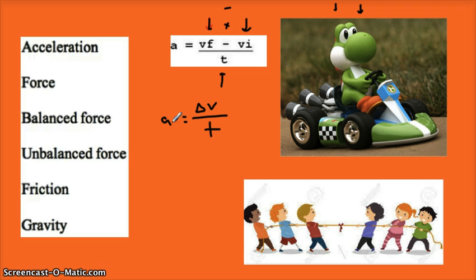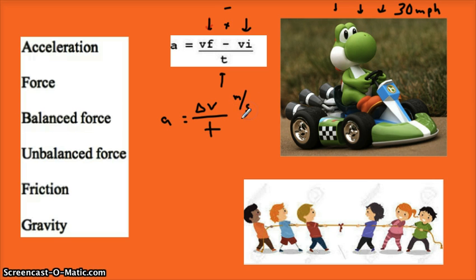So for a change of velocity, if you were to have miles per hour, I was tempted to say Yoshi was going 30 miles per hour, but if you do have anything in miles per hour, know that you're going to need to change that to meters per second. Yes, the change in velocity is going to be in meters per second.